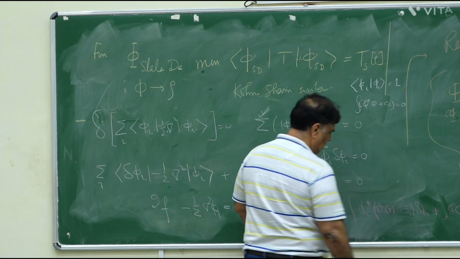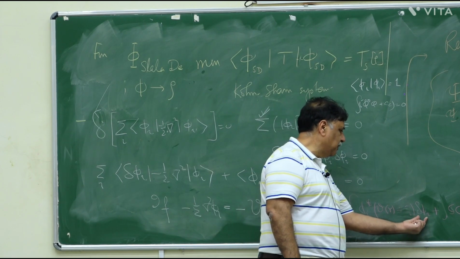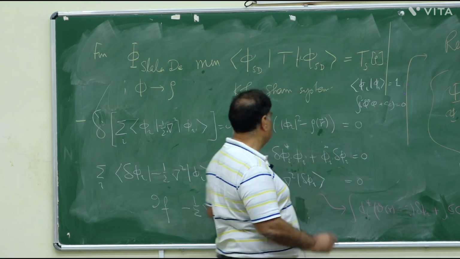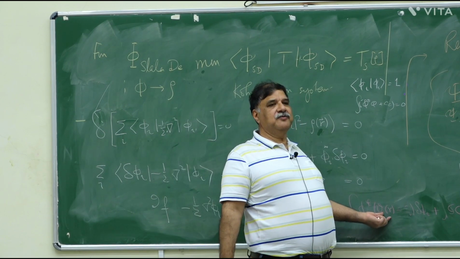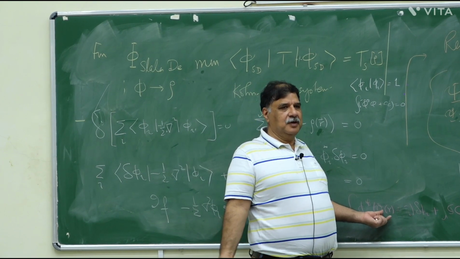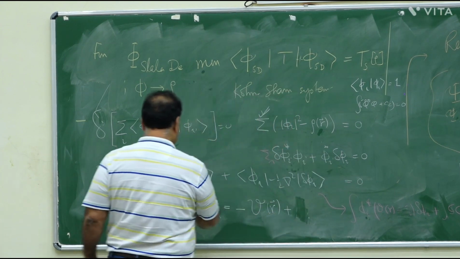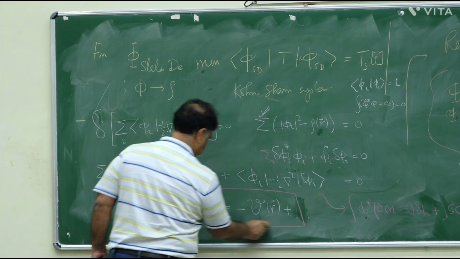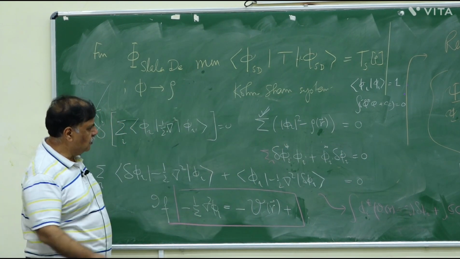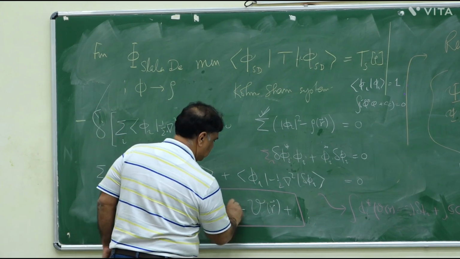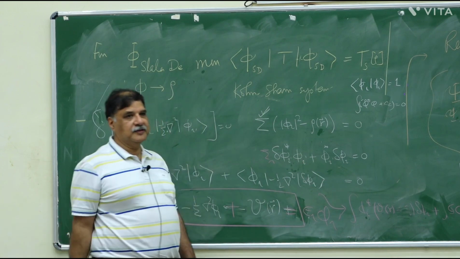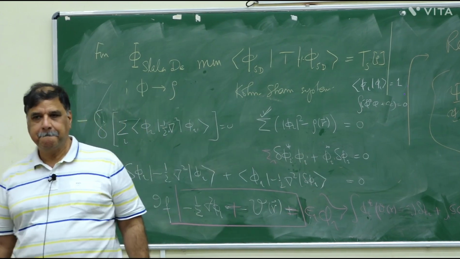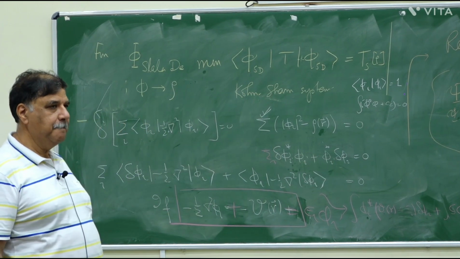Now at each point, phi i star delta phi i summed over i is 0. So even if I have a function V of r, it will still be 0. So this is the most general condition. And the normalization of phi i, this becomes this. That's the Kohn-Sham equation.